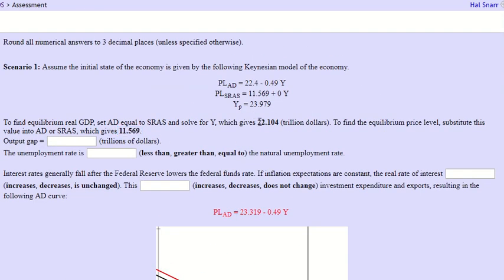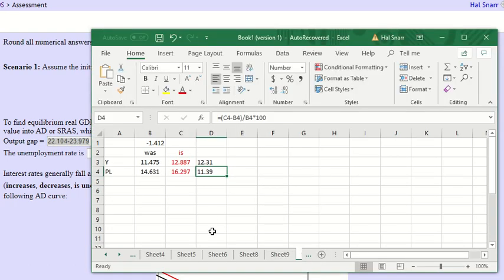So to calculate the output gap, this is just a review of what we've done. We've already done it, I don't know, 3 or 4 times. We're going to take what GDP is and we're going to subtract from it what GDP should be, potential. Okay, I'll take that to Excel to have Excel do the arithmetic.